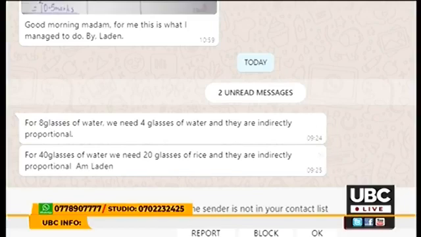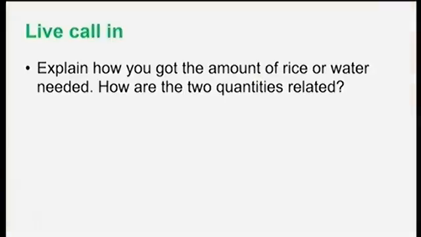I think you wanted to mean rice. But then there are words you added, indirectly proportional. Don't worry. We are going to look at those words, and in our lesson today, we are dealing with direct proportion, not indirect proportion. Don't worry. We are going to see how those words come in.